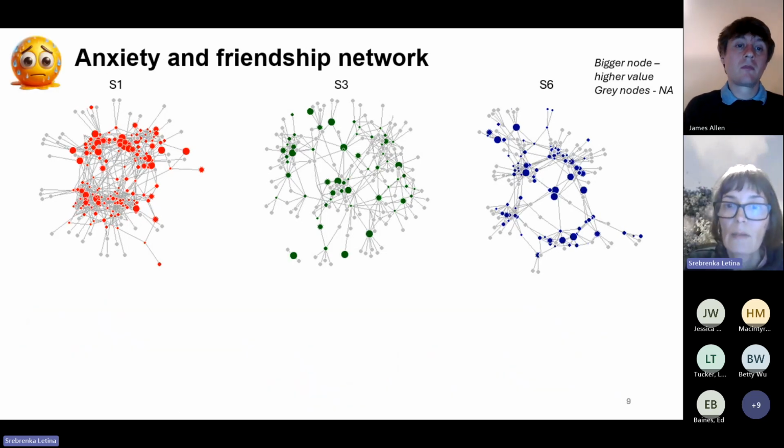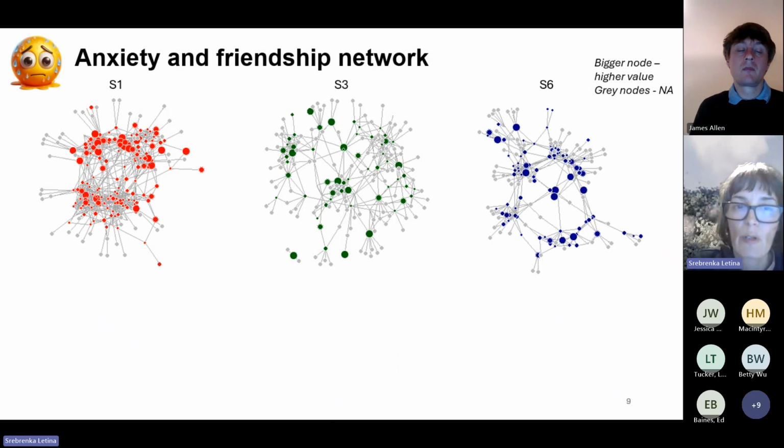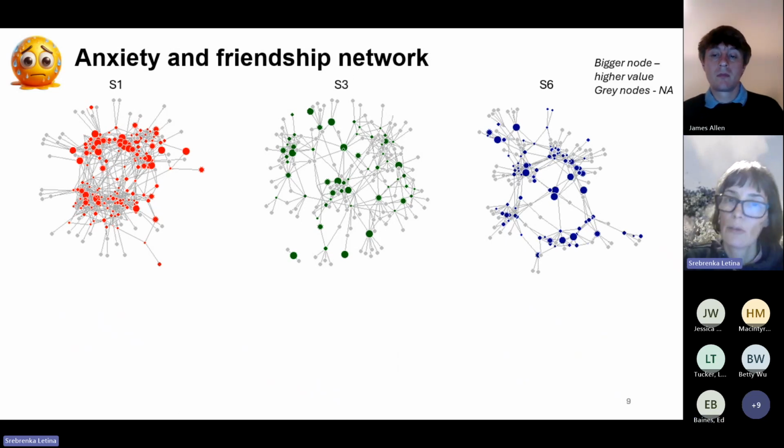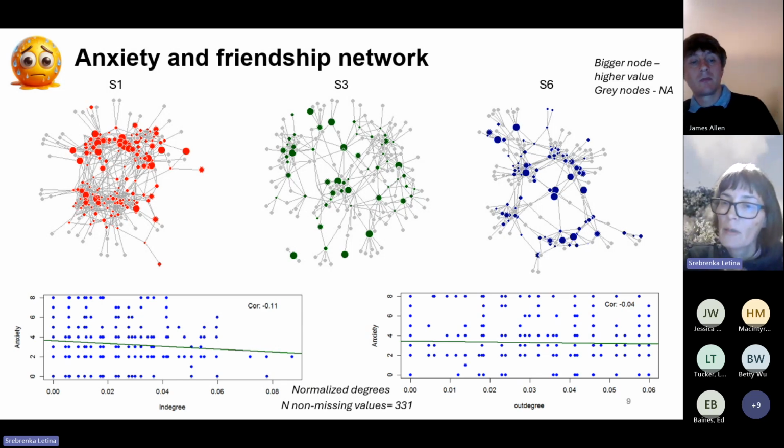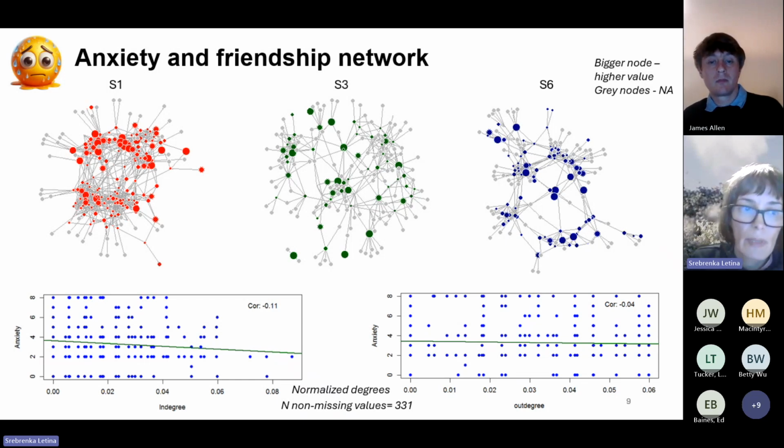Now, with anxiety, we did exactly the same. You can look at the networks and try to figure out what is the relationship, but figures can be misleading. So again, for all of those non-missing values and for all 3 schools together, you can see just a very descriptive way to see the relationship, and there is a negative relationship with in degree and anxiety.